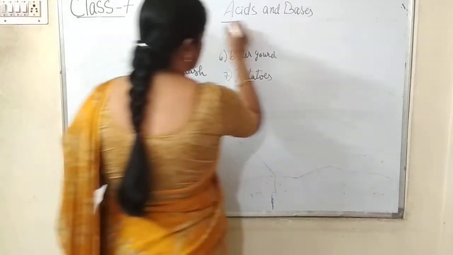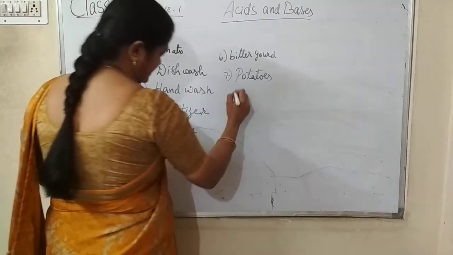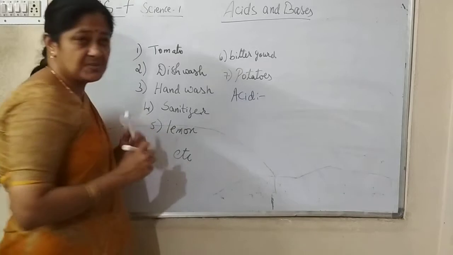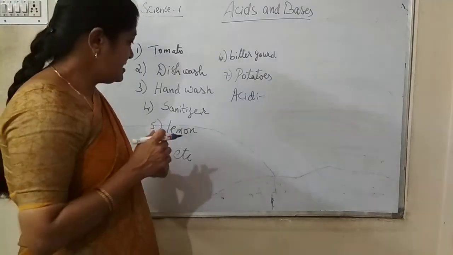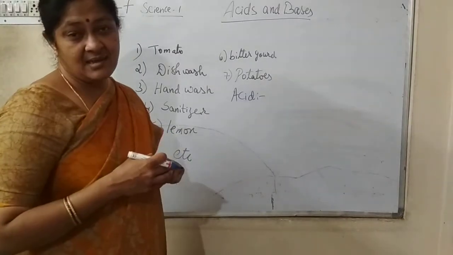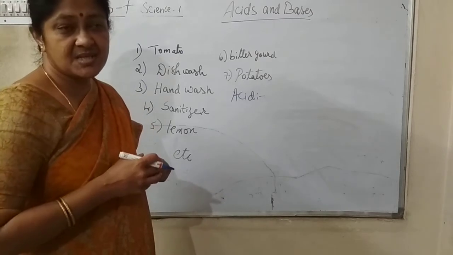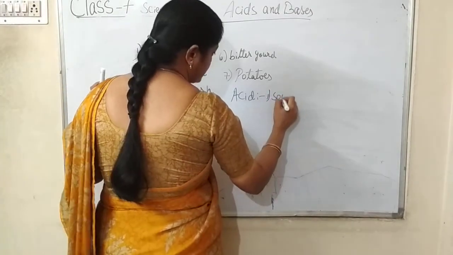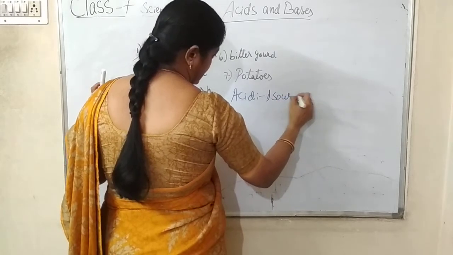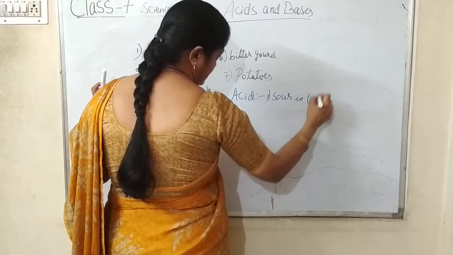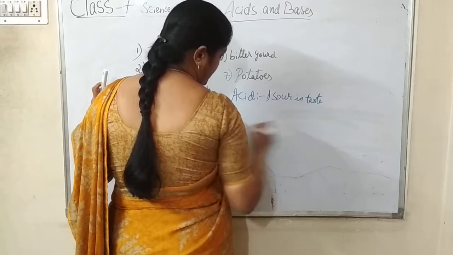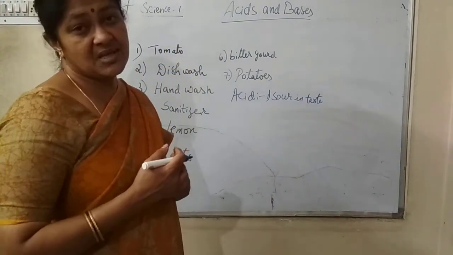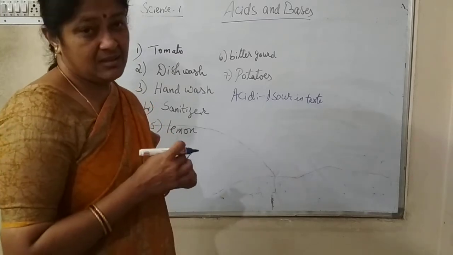So what is an acid? An acid is a substance which is sour in taste. And when you are talking about science, you need some kind of proof, isn't it?